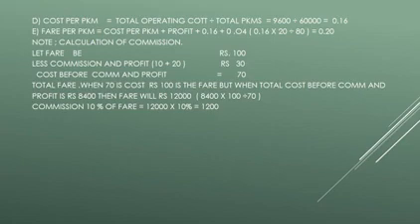Now fare per passenger kilometer is equal to 0.16 plus 0.04 is equal to 0.20. That is 20 paise is the fare per passenger kilometer.